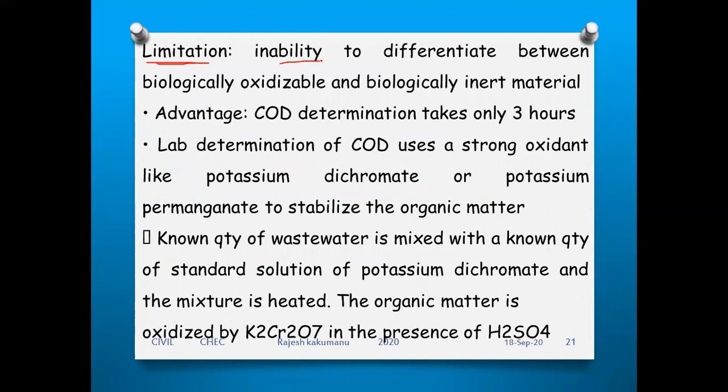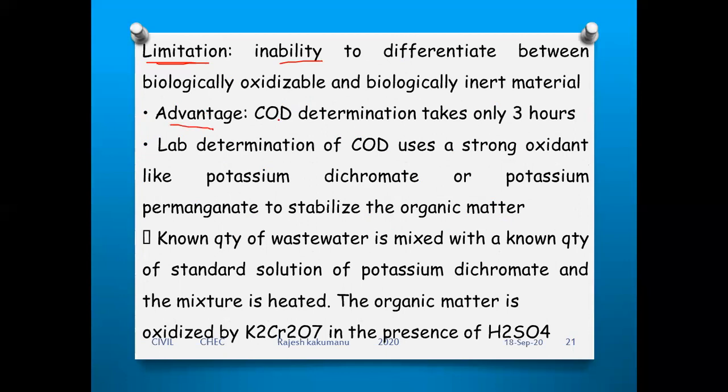It has an inability to differentiate between biologically oxidizable and biologically inert materials. So it has some deficiency to differentiate what? The biologically inert materials and also the oxidizable materials. So it does not have proper clarity between which agents are biologically oxidizable and which elements are biologically inert materials. And what is the advantage?